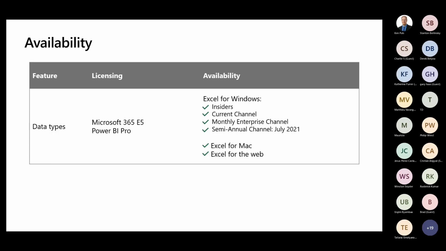You do need to have a Power BI Pro license in order to get the data types in Excel. You can get that either on its own or together with an E5 subscription of Microsoft 365. We have announced and are rolling out some changes to that licensing.